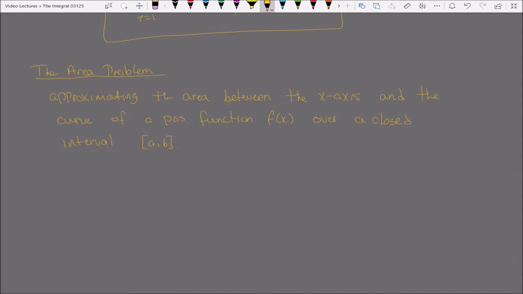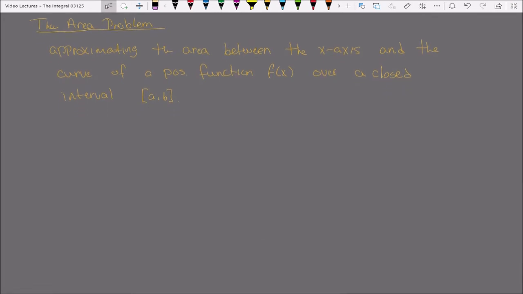Right, so if we go ahead and graph it, we have, I don't know, some function. Something like this. Right, this is the point a. This will be b.